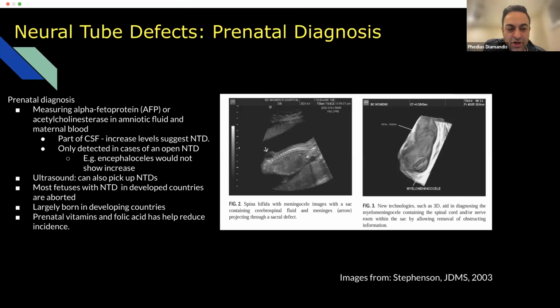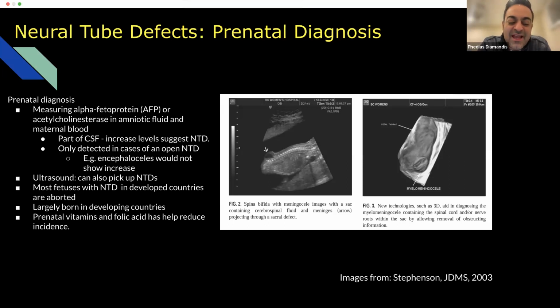Again, these will only occur if it's a true open neural tube defect. If you have something like encephaloceles, where you have reasonably good closure or complete closure of the neural tube, you won't have this spillage of alpha fetoprotein from degenerating neural tissue to detect.